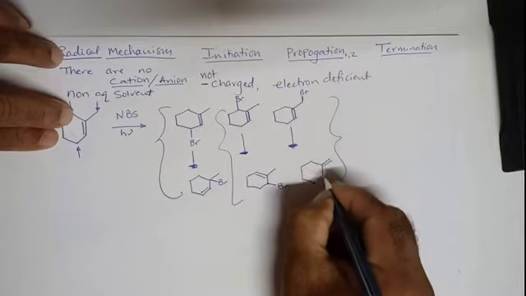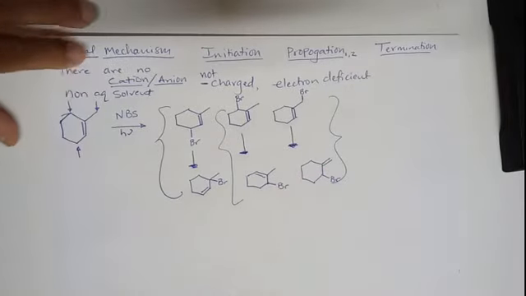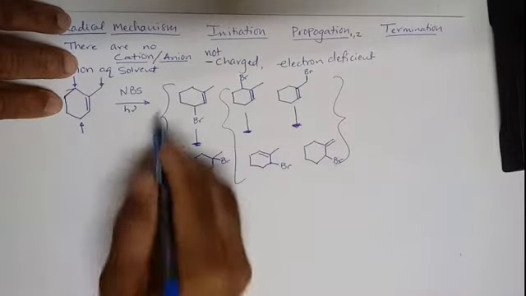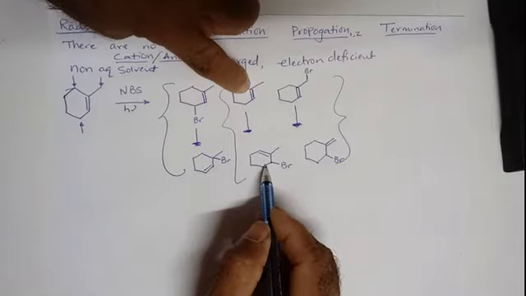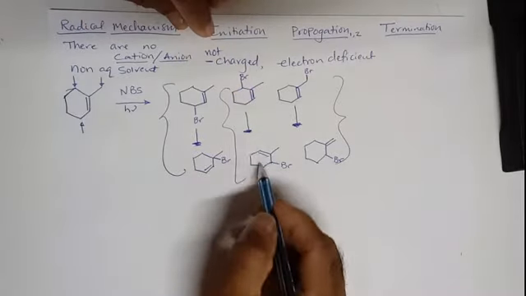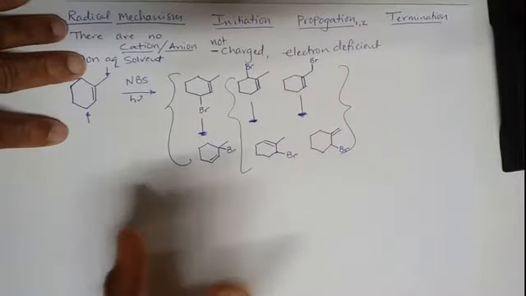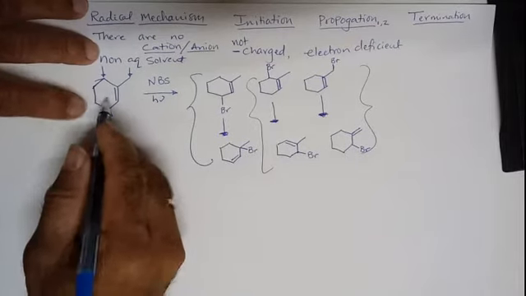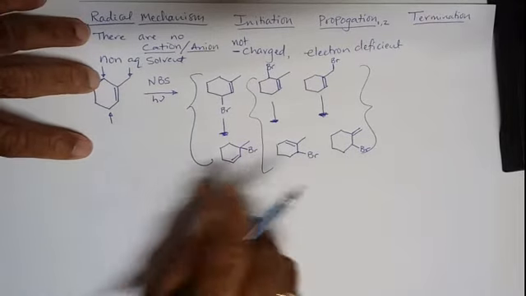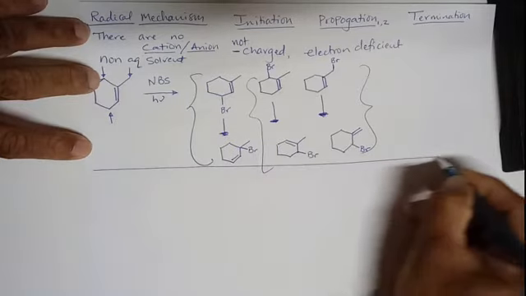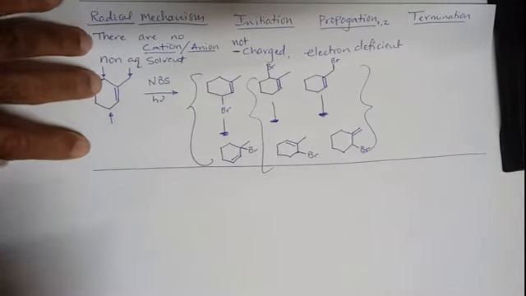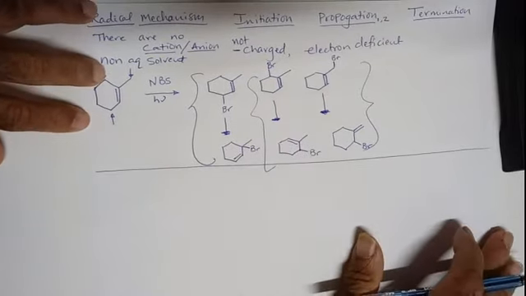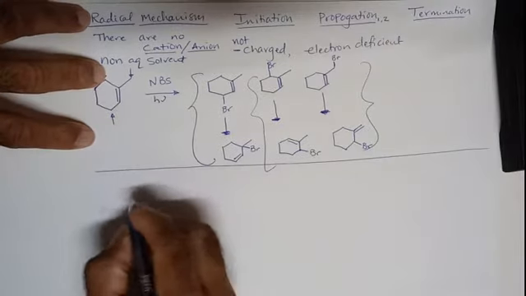How are we going to justify formation of the 6 molecules, out of which of course this one and this one happen to be identical? And you can see these two are identical in structure. But that's besides the point. There are 6 possibilities, right? And this is a complication that we need to worry about. Now, before I get to study about this complication, let's look at the mechanism first. Once we look at the mechanism, then we start analyzing the stability of radicals, no cations here. All right, initiation.